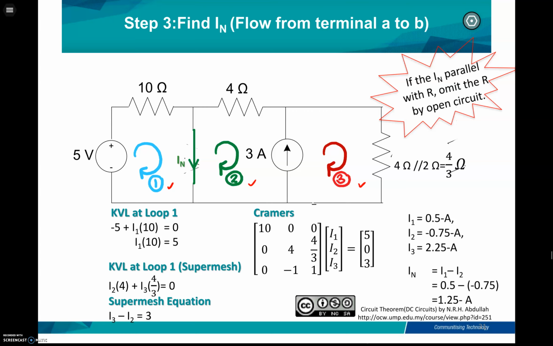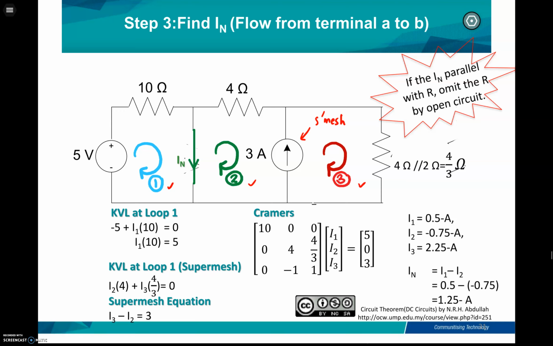And then, before you continue with the KVL equation, you have to determine whether the circuit consists of a supermesh or not. As you can see, there is a current source in between the loops, so it means that this circuit consists of a supermesh. This is the supermesh.